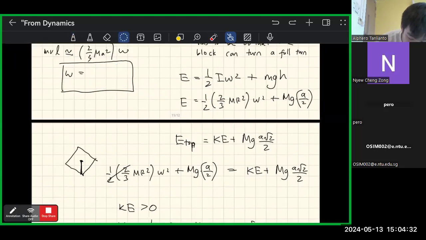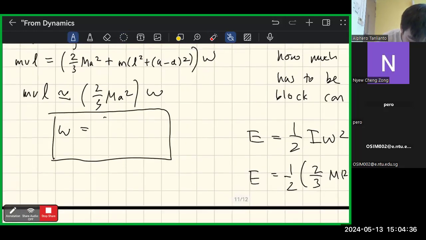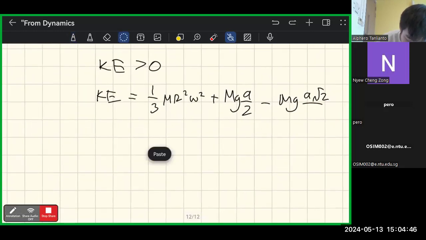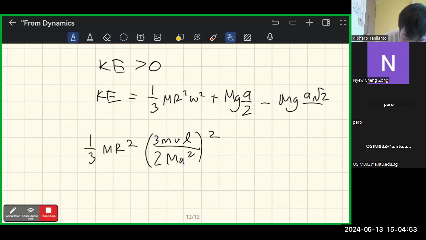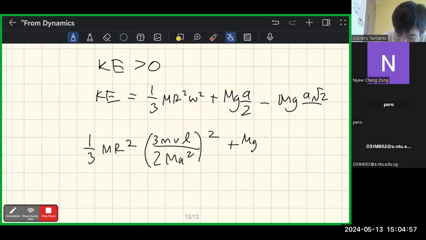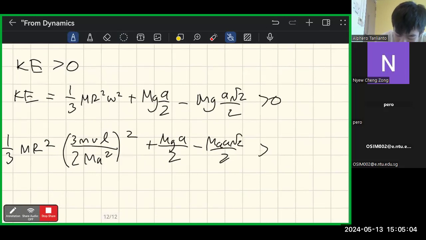Oh, why did I delete it? Oh crap. Okay, sorry. It's 3mvl over 2ma squared. Okay, whatever. Just copy this now. Omega squared, 1/3 of mr squared has to be bigger. Wait, added by mga over 2 negative mga square root of 2 over 2 has to be bigger than 0.